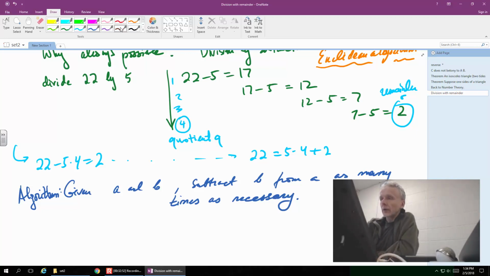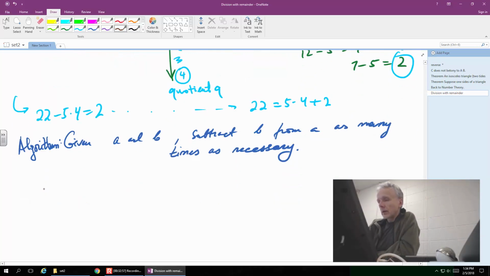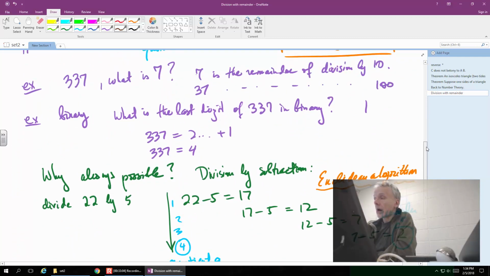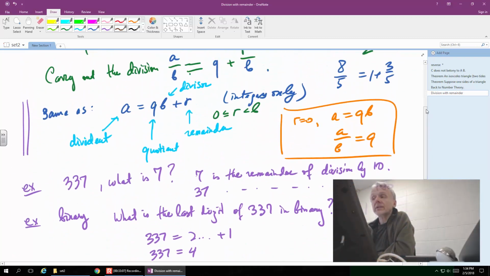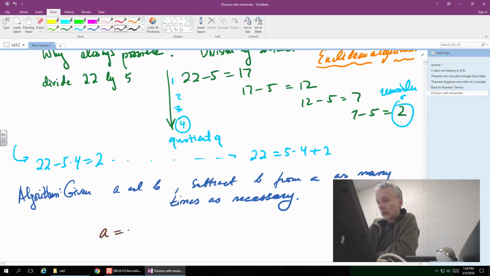Okay. So let's try to carry it out. And remember, like I said, we create the equation every time. What is the equation? It is A is equal to BQ plus R. We still want this relation, but the final requirement, that R is less than B, might not be accomplished until you're done.